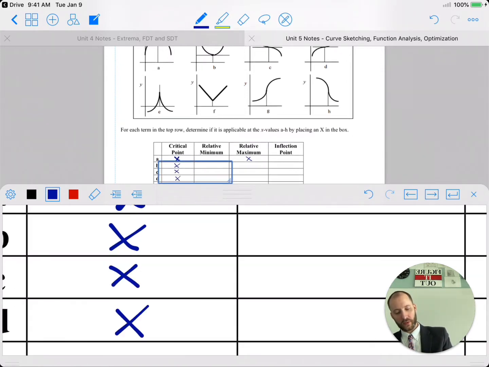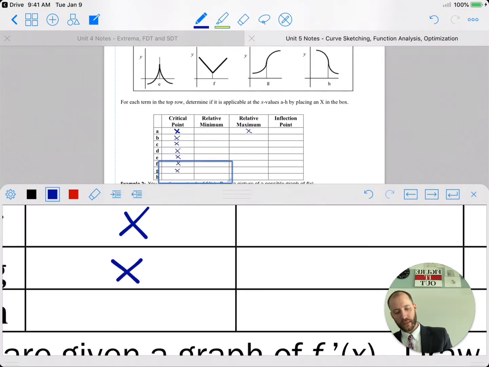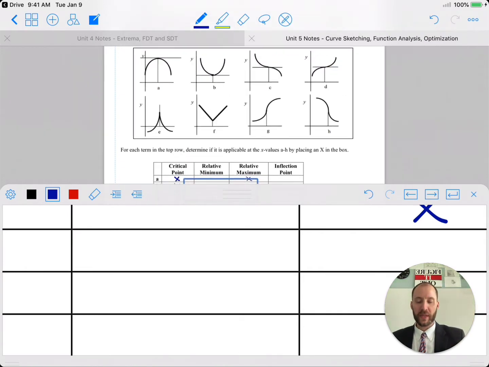So go ahead and mark all of these as critical ones. Going back to B, you see decreasing to increasing behavior, smooth curve, relative minimum, and we don't see a change in concavity. It's not an inflection point.